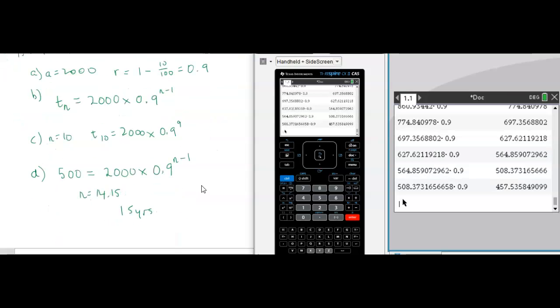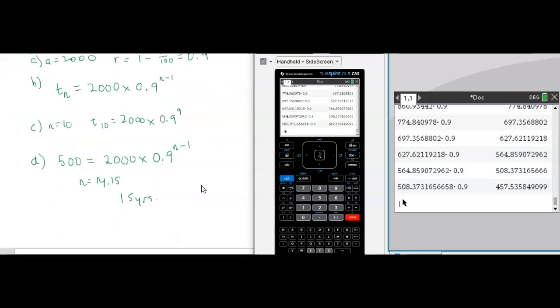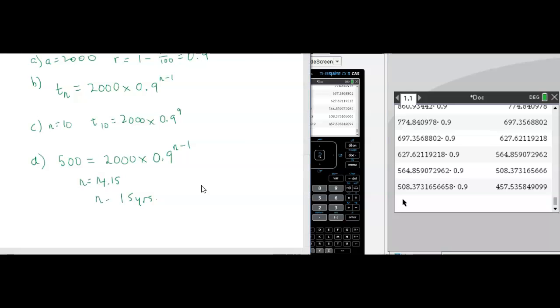So when n is equal to 15, actually, n is equal to 15, but that is after 14 years. Okay, so in the first year, we're at 2000. So n being 15 is 14 years after.